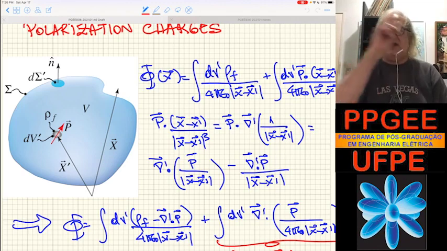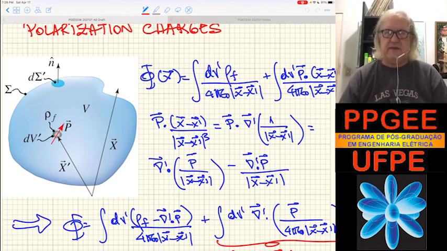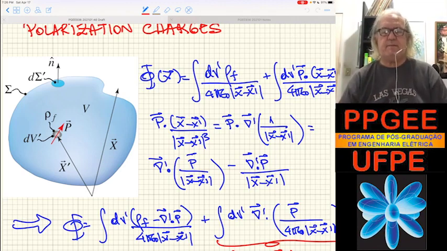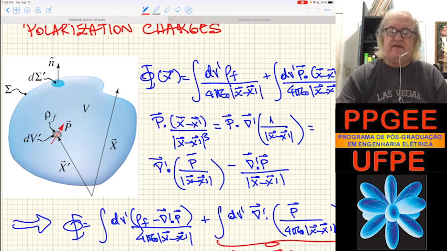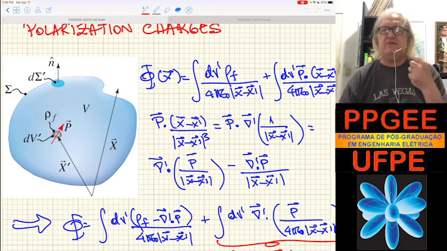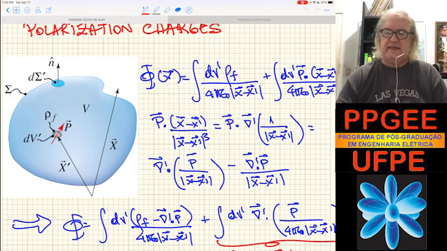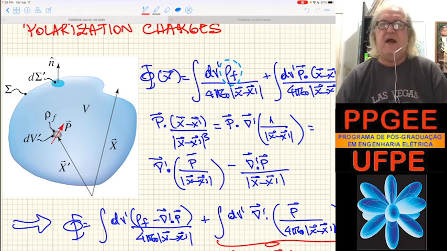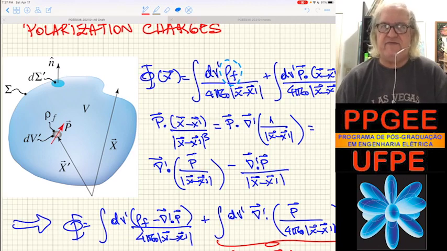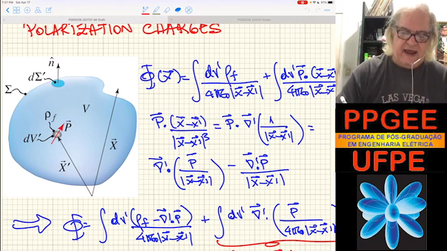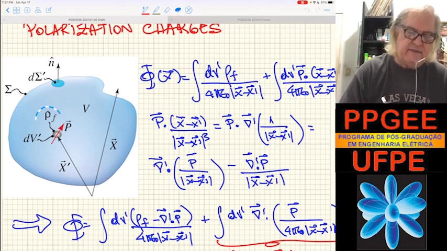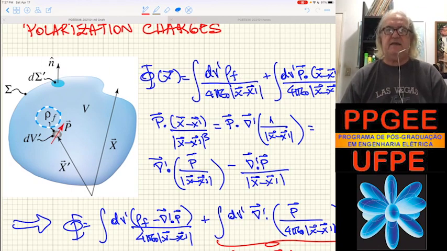You can have those free charges in a conductor, for instance. So we're going to separate the effect of the free charge. We're going to call those monopoles. So the contribution of free charge is that due to a density rho f, the free charge density.